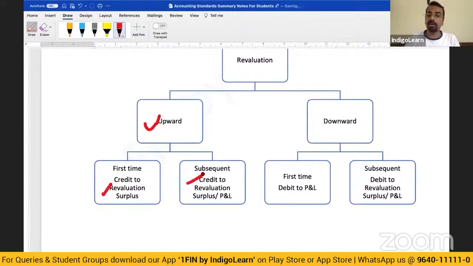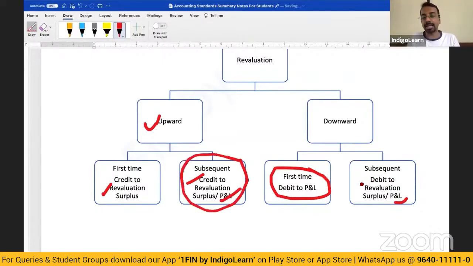Subsequent, credit to revaluation surplus, or if you had earlier debited to P&L, now you will credit to P&L. Downward revaluation, first time, debit to P&L. Subsequent, either you will debit to P&L, or if there was a revaluation surplus done like this, in that case you will debit to revaluation surplus, depending on where the balance is available.